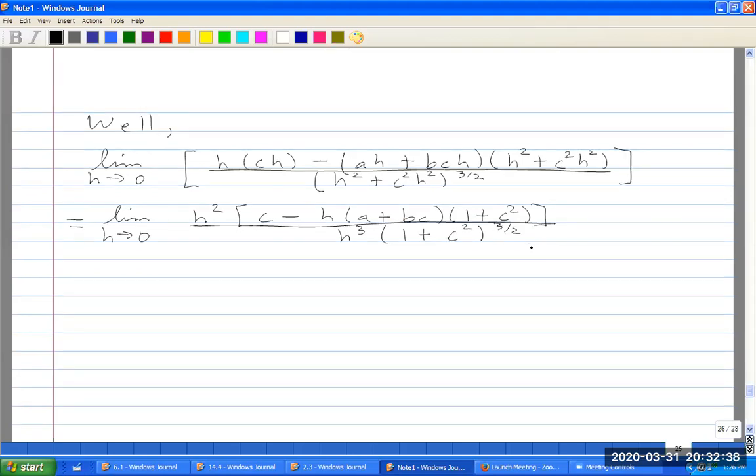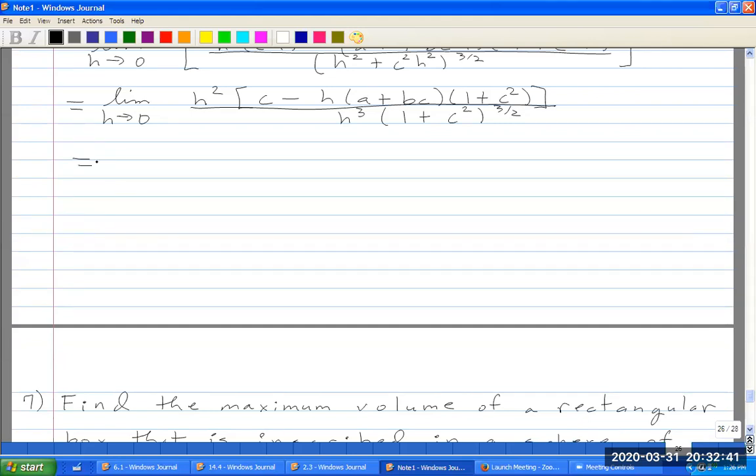I can cancel out 2 of these. So this is the limit as h approaches 0 of c minus h times a plus bc times 1 plus c squared, over h times 1 plus c squared to the 3/2.